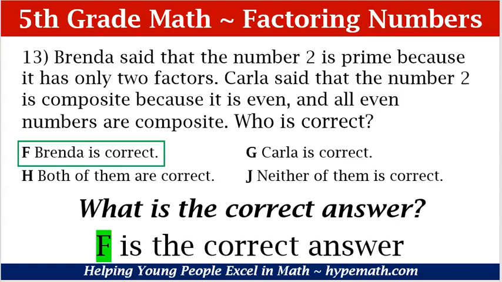If you said F, Brenda is correct, you are right. Brenda is correct because the number 2 is a prime number. The only numbers that can go into 2 evenly are 1 and itself. Great job. Let's move to question 14.